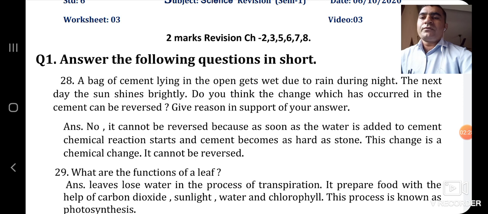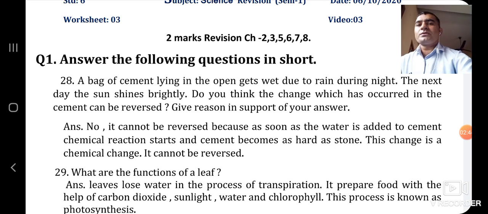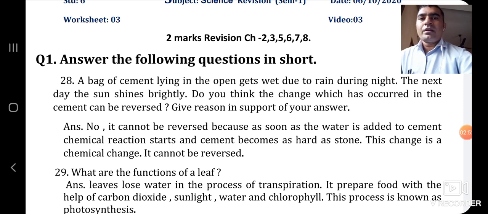Now the next question we have: what is the function of a leaf? See, there are two main functions of a leaf. One function is that it loses water in the process of transpiration, in the form of water vapor.